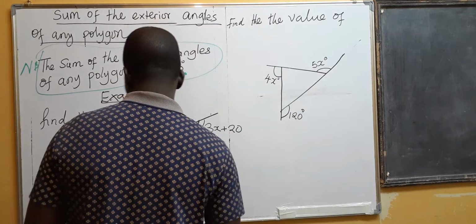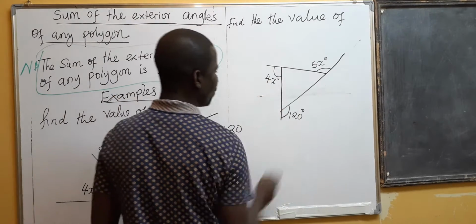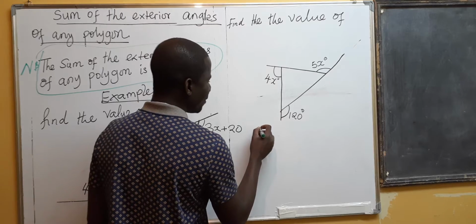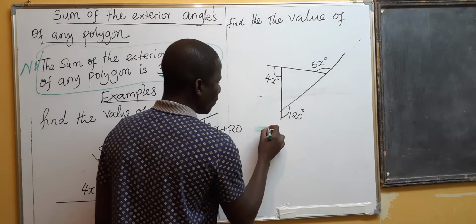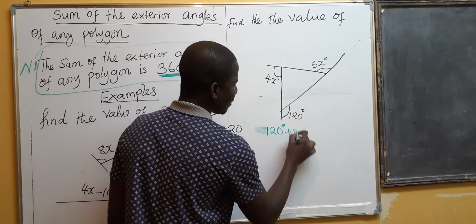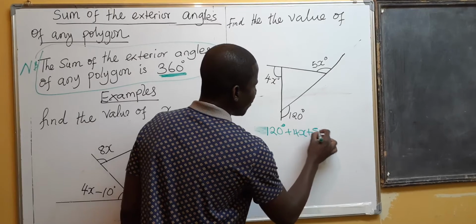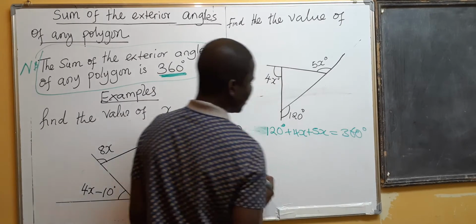We can add the three of them. We have 120 degrees plus 4x plus 5x. This must give us 360 degrees.